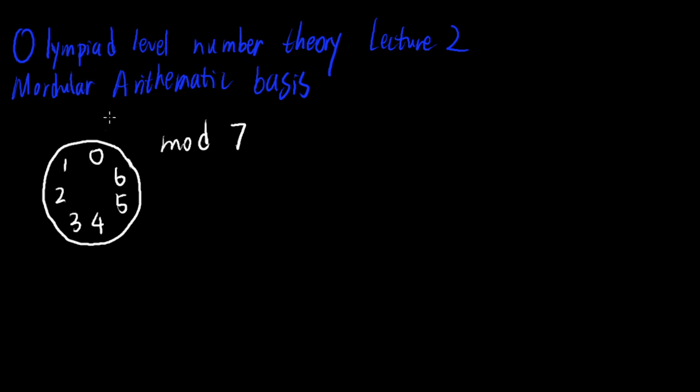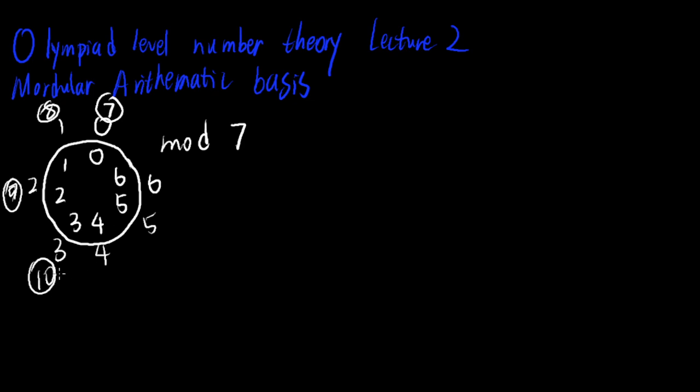For example, 0 is 0 and 1 is 1, and 7 can also correspond to 0, because when we write down the first 6 numbers, 7 can only be placed here, and we can further write 8, 9, 10. That's how we define modular arithmetic.